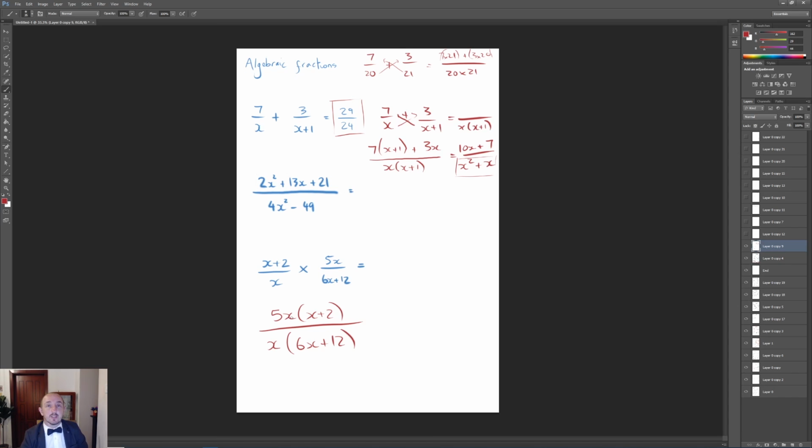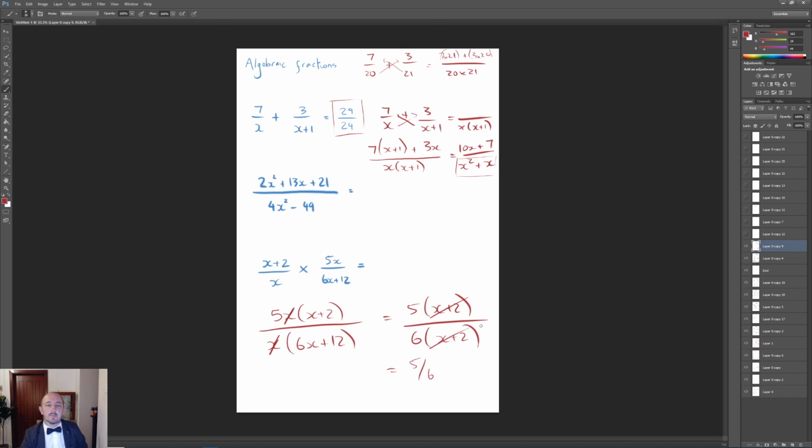So we can cancel the x's here because we have an x in the top and the bottom. And then we have 5 brackets x plus 2 over 6x plus 12. I can factor that to 6 brackets x plus 2. So we have a bracket in the numerator and the denominator we can cancel, and we're left with 5 over 6.